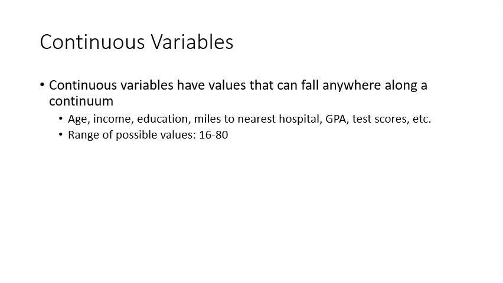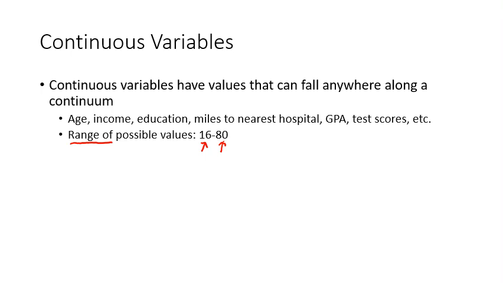Some examples of continuous variables: age, income, education, miles to the nearest hospital, GPA, test scores. You'll see this word range here. The minimum might be 16 of whatever this variable is, maybe the age variable. The maximum might be 80.